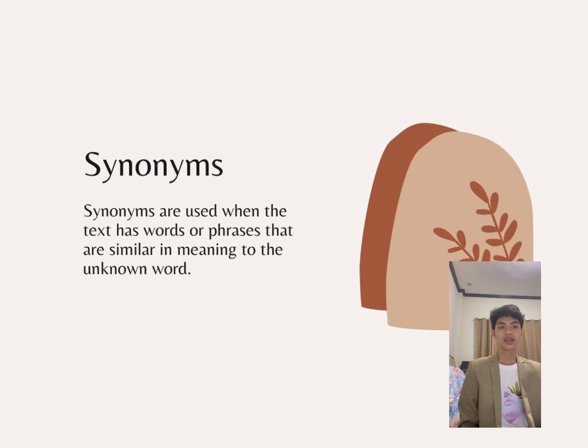For example, in the sentence, "My wife is grumpy, it seems like she is unhappy." If a person is not familiar with the word grumpy, he or she could understand it with the synonym context clue, which is the word unhappy that follows it. So the reader could understand that grumpy means sad or unhappy.